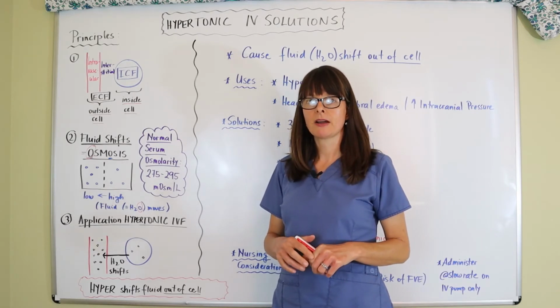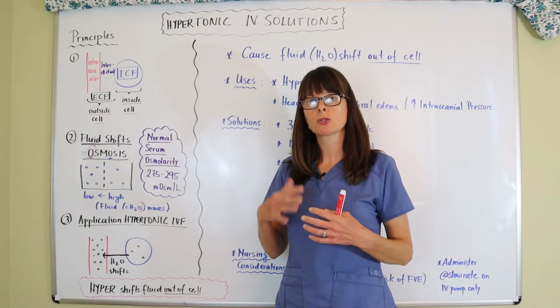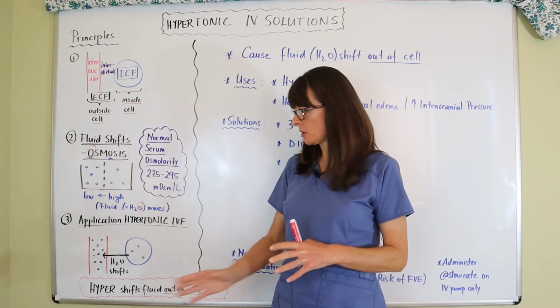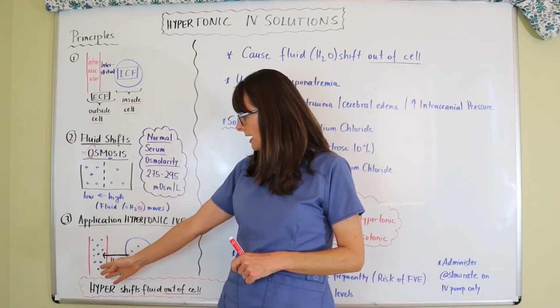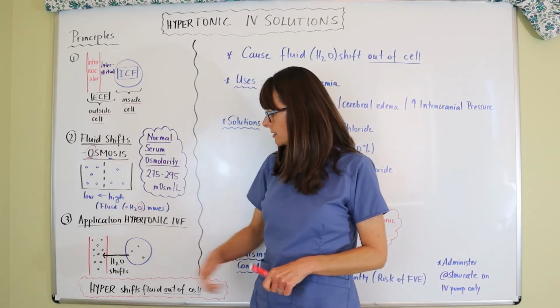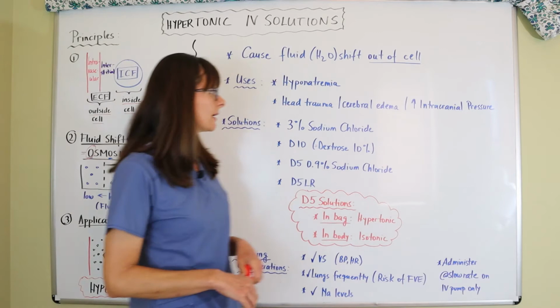They might have behavior issues, they might be agitated. So we want to decrease the pressure in those cerebral cells by giving them a hypertonic solution intravascularly. The water is going to shift out of the cells, hopefully making the patient's head injury better or less symptomatic.